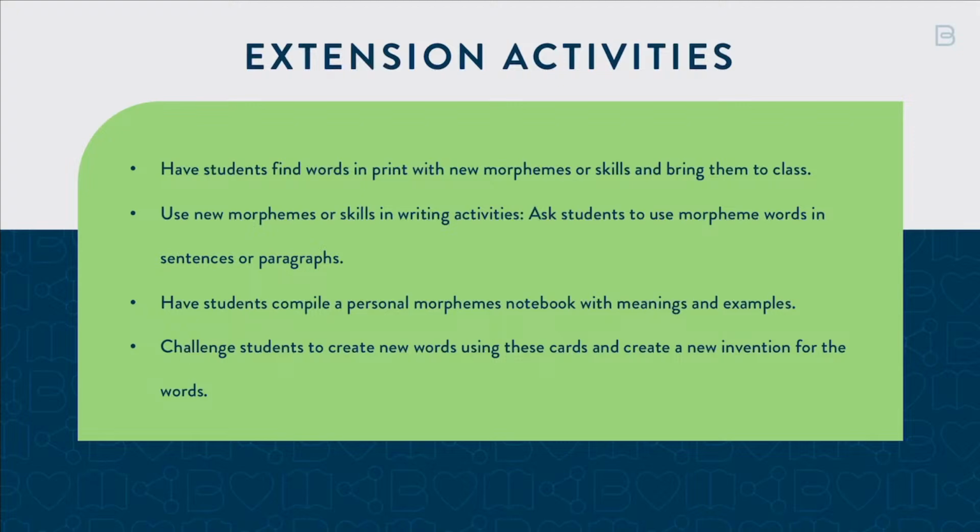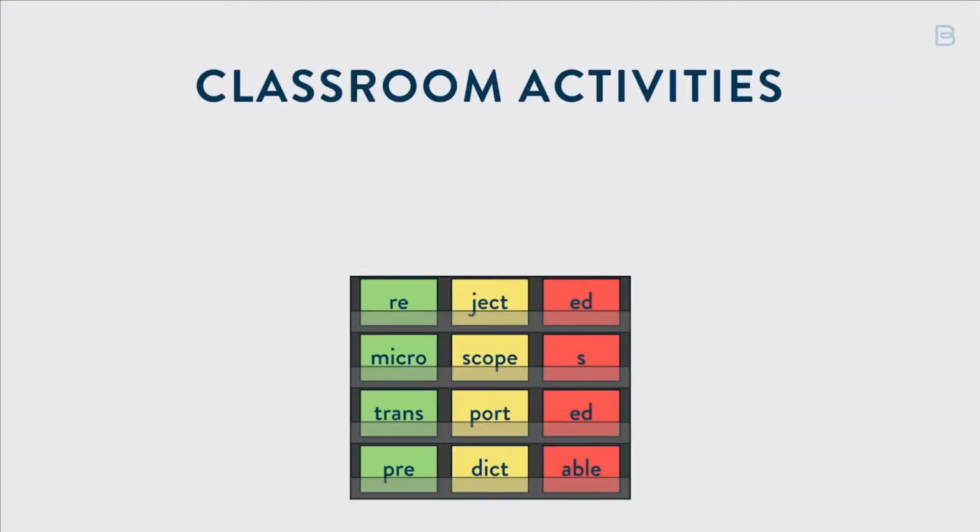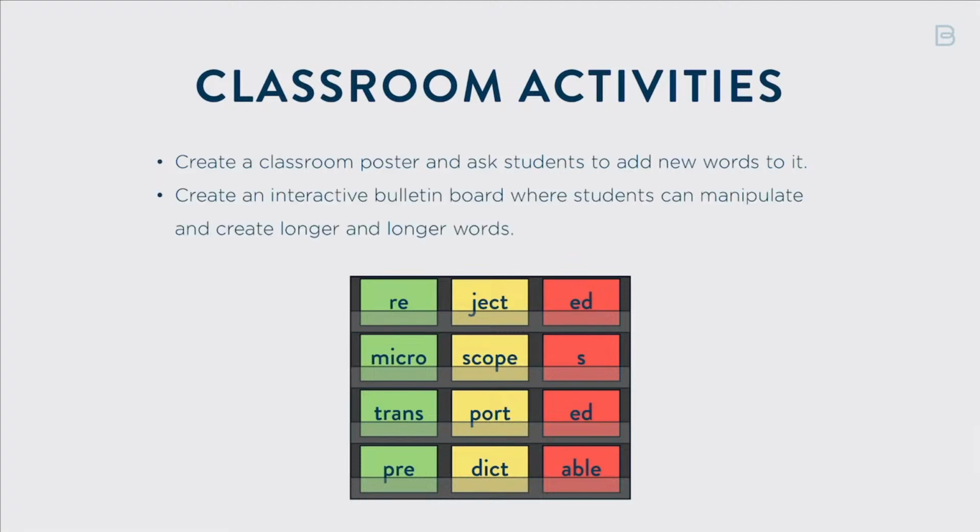One activity that I really like in the classroom is to use the cards that the students created during the original introduction to build more and more words. You can create a classroom poster, ask students to add words to it, and create an interactive bulletin board where students can manipulate and create longer and longer words.